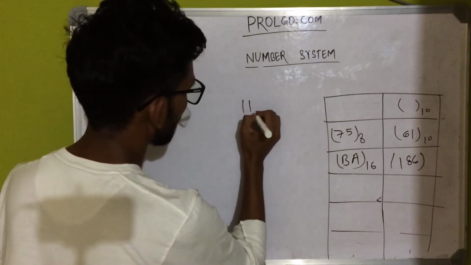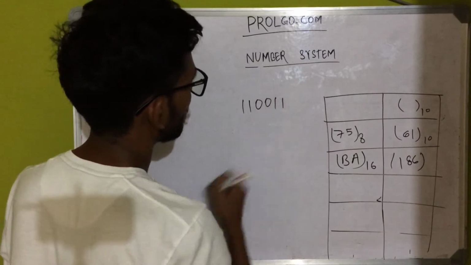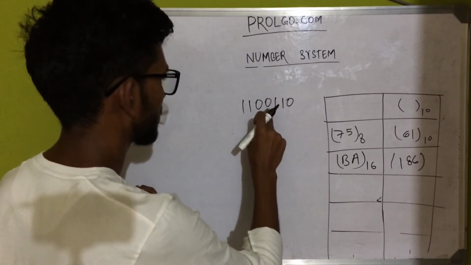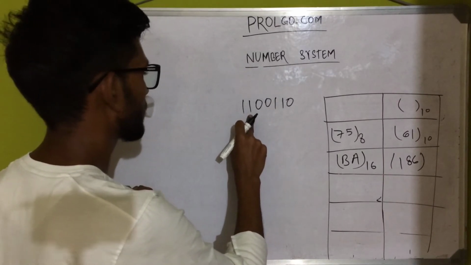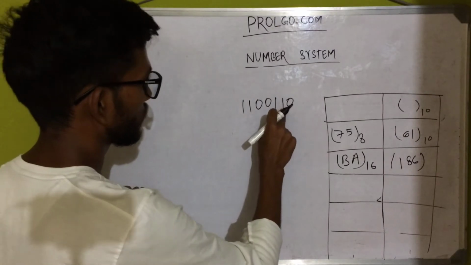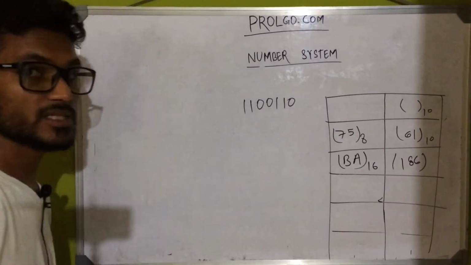Another number, 1100110 in binary. Let's see, 64 plus 32 is 96, plus 4 is 100, plus 2 is 102.